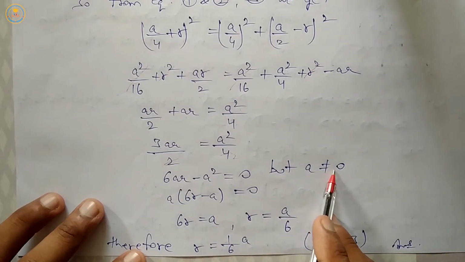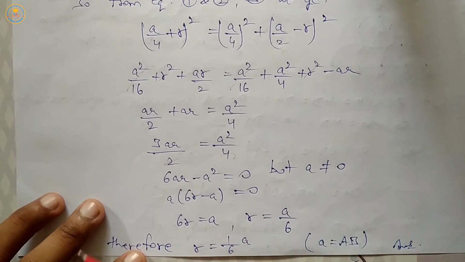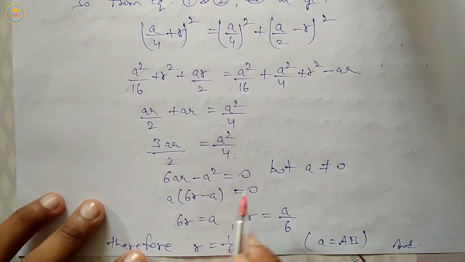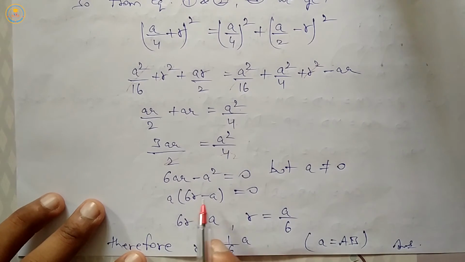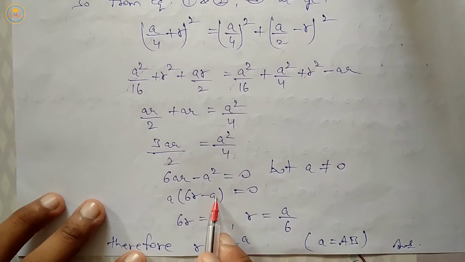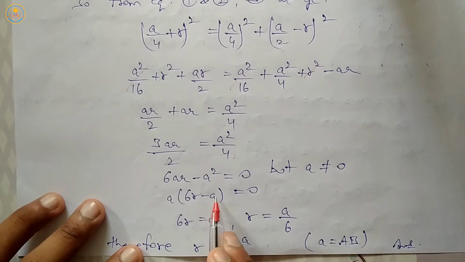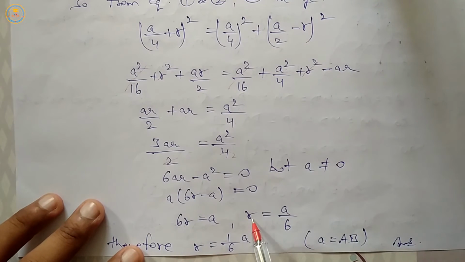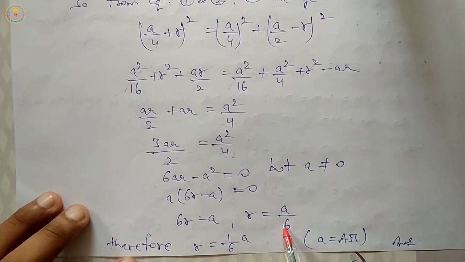But a is not equal to 0, so a is the common part. Now the remaining part 6r minus a equals 0, so 6r equals a. Now the value of r equals a by 6.